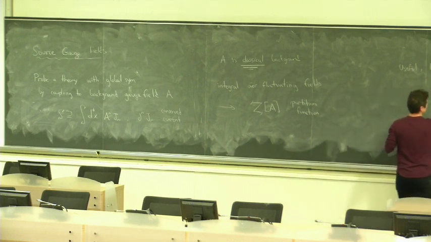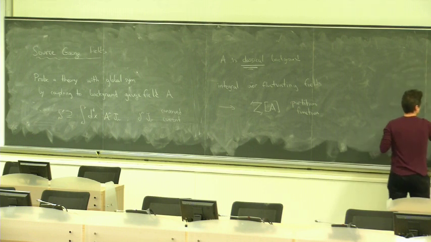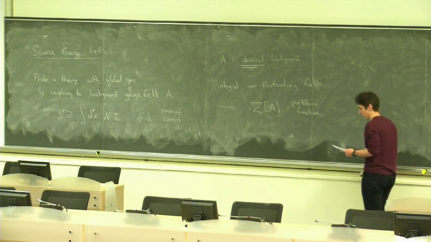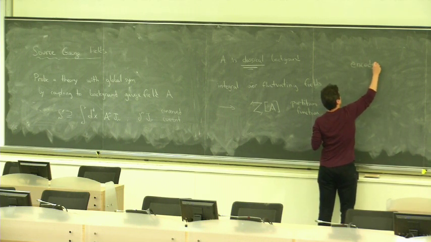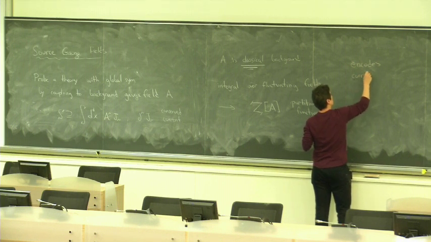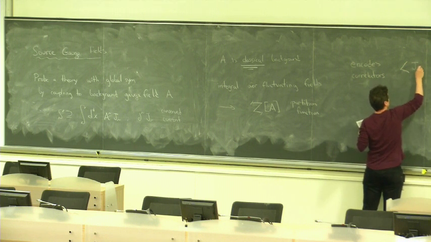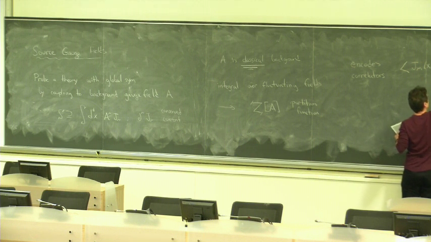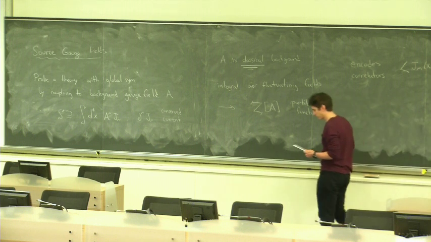So, of course, we've all seen this before. And when you've seen it, it's likely used as a trick for organizing correlation functions. And so that's actually a good way to think, at least at first pass, what is this object Z of A? So it encodes correlators. Correlation functions of the conserved currents.